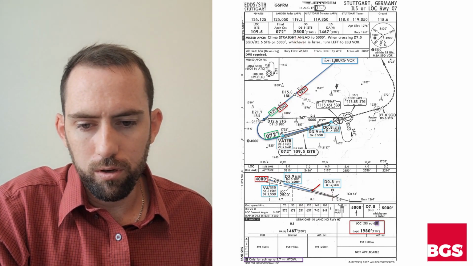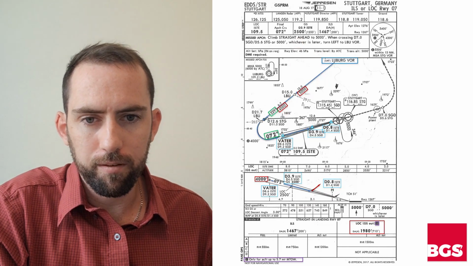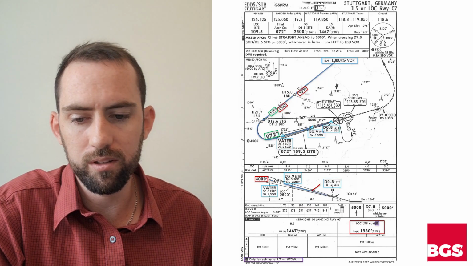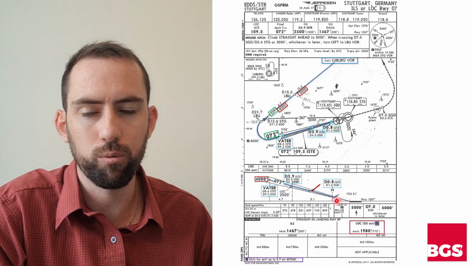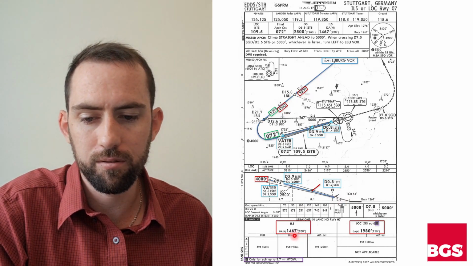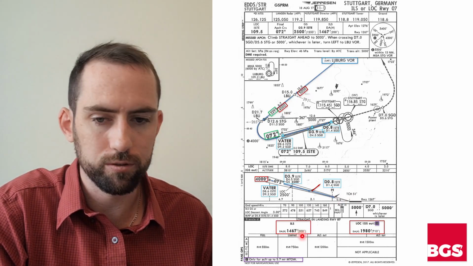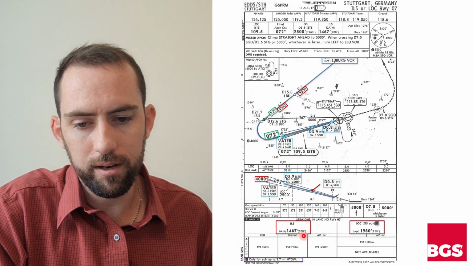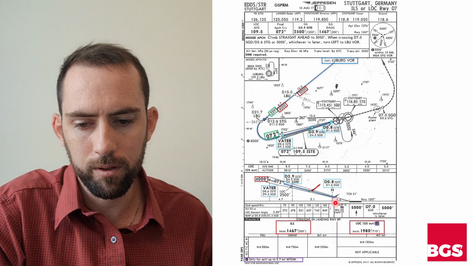Now if we were flying the ILS approach, we would continue onwards down to a decision altitude of 1,467 feet, or a height of 200 feet. And there we've got another pull-up arrow.